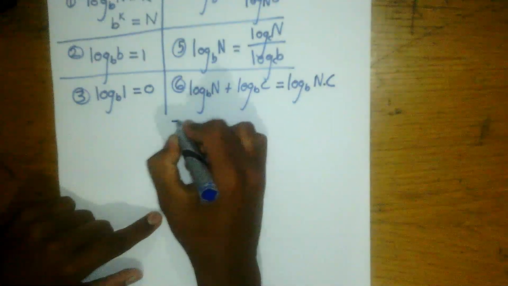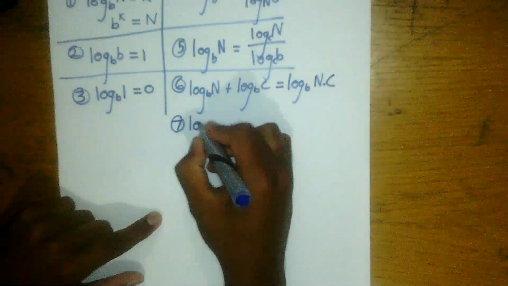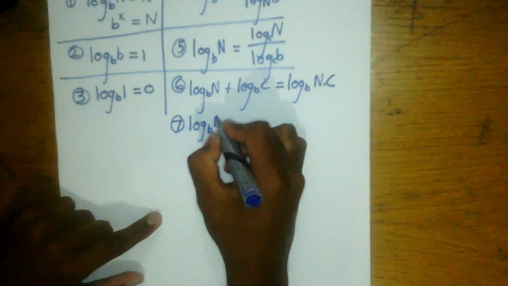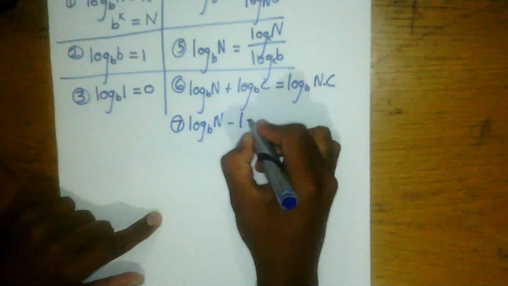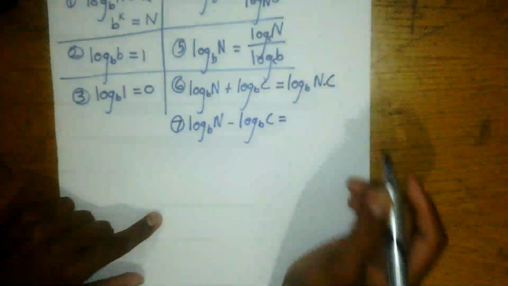This is similar to when it's negative. We write log b of n minus log b of c equals.